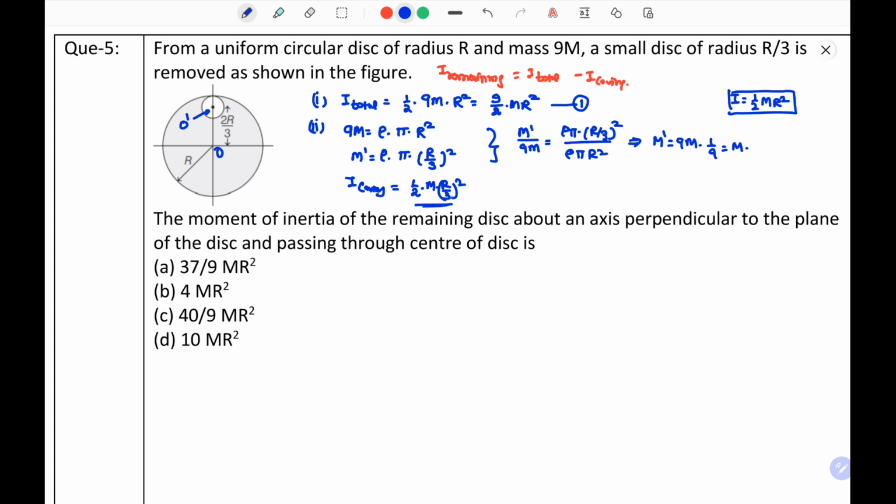Originally it is O. So this is the I O dash. Now we will use the parallel axis theorem. The distance between these two parallel axes is 2R by 3, and the mass of the disk we have calculated is M. So it will be M into 2R by 3 whole square. This formula is written using the parallel axis theorem.